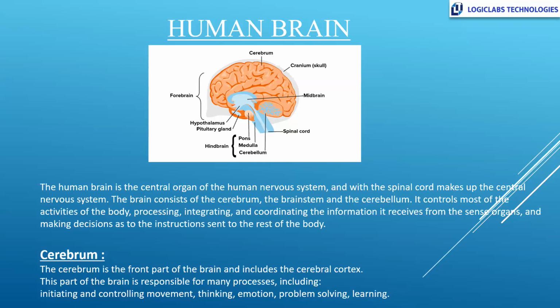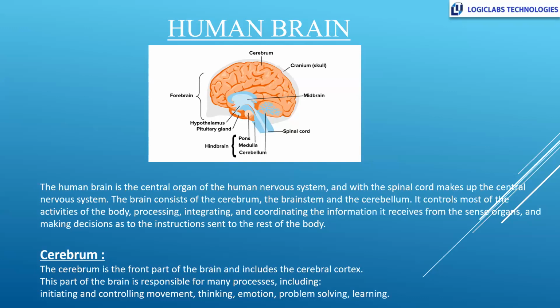Now, the next one is we have separate areas of the brain for thinking, and even for hearing, smell, sight, whatever receptors or sense organs we have. So there are different parts in the brain which play a very major role. Okay. Next, coming to the cerebrum. As we already discussed, the forebrain, which is the cerebrum, is the main thinking part of the brain.